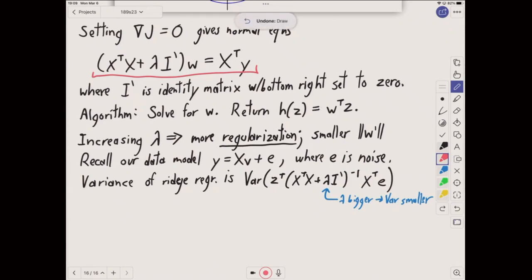So you can actually quantify how much ridge regression reduces the variance of the method as a function of lambda. And if you crank lambda up very, very big, then the variance actually goes to 0, which sounds great, except there's a problem: the bias goes up.